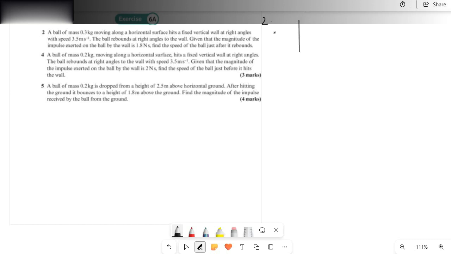If this is the wall and if this is the ball, it was initially traveling at a speed of 3.5 meters per second and its mass is 0.3 kg, and after rebounding it had a final velocity v and also an impulse of 1.8 Newton seconds.